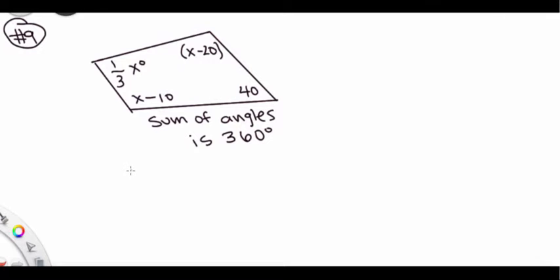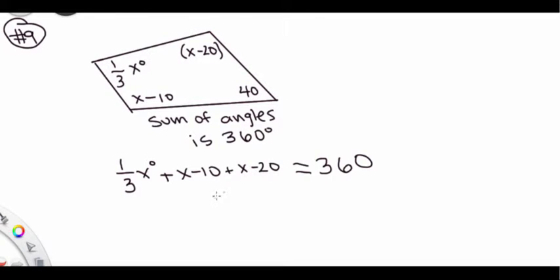So we know that one half of the equation is 360, and the other half is adding up all of these angles. So 1/3 x, and we got to get this one too, plus x minus 10 plus x minus 20 plus 40.